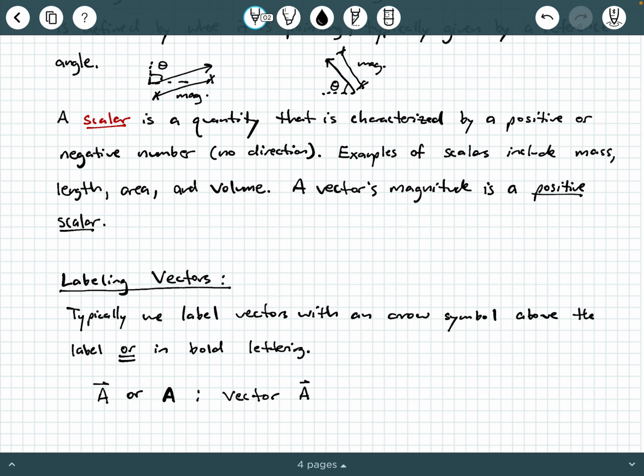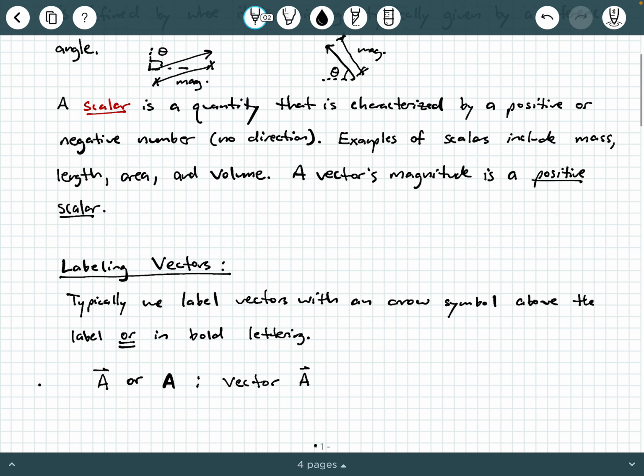All right. Now, what about a scalar? Okay, what about scalars? So scalars are typically labeled without any kind of special symbols. There's no arrowhead, and it's not bold. Okay, and so when we think about a magnitude, I'm going to say the magnitude of vector A, which remember is a scalar. Specifically, it's a positive scalar.